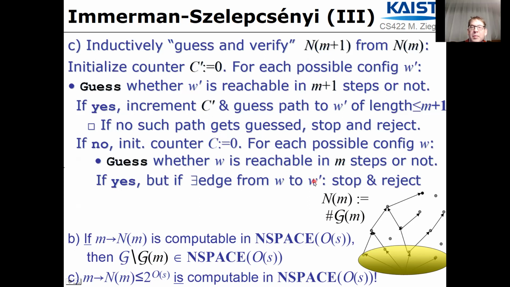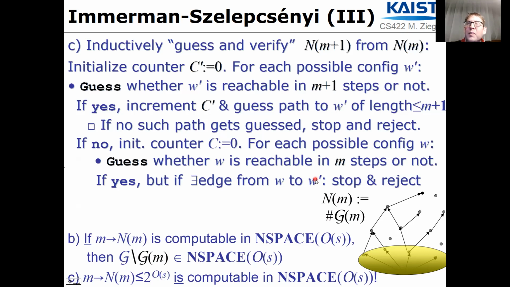If there exists an edge, then it means that W prime is reachable in m plus 1 steps. Let me say that again. The guess says W is reachable within m steps. We verify deterministically whether there exists an edge from W to W prime.